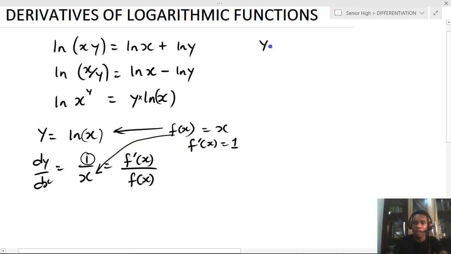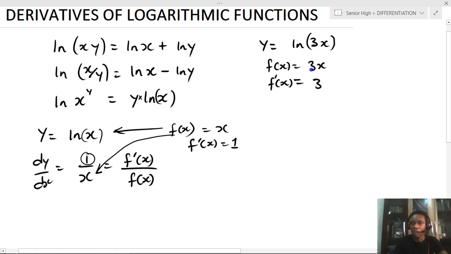If we have y equal to, let's call it, ln 3x. Then we know that our function of x is equal to 3x, and the derivative of f of x is equal to 3, right?